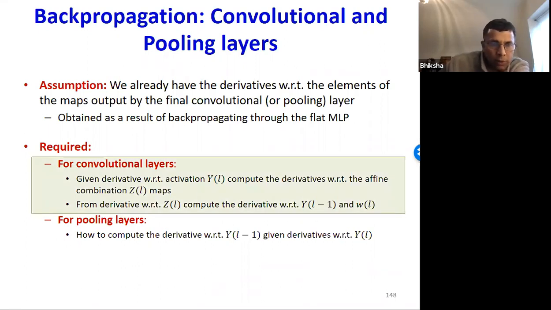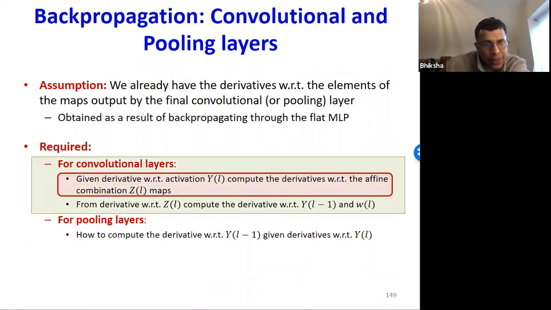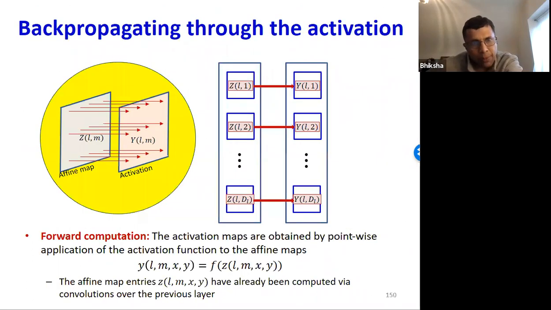So let's look at the convolution layers first. Specifically, just look at, given the derivative with respect to y, how do you get the derivative with respect to z? That's easy. Remember, when you're going forward, first you apply the filters to the previous layer.